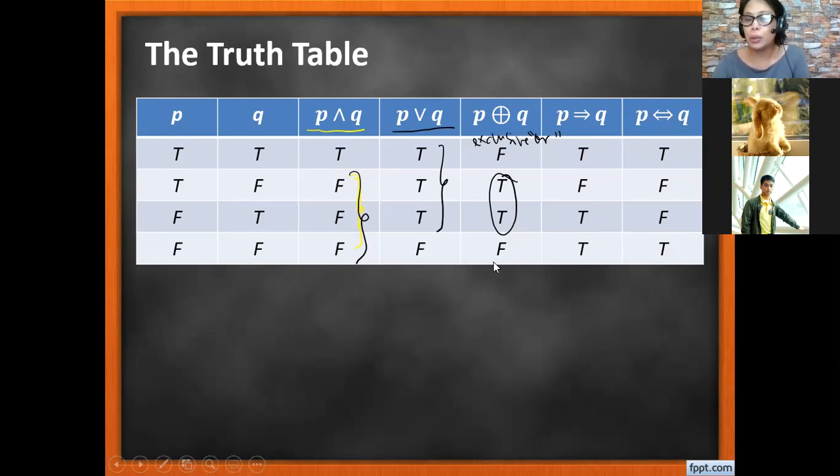Take note that in if P then Q statement, the statement is divided into two parts: the premise, which is the first statement, and the conclusion, the second statement.